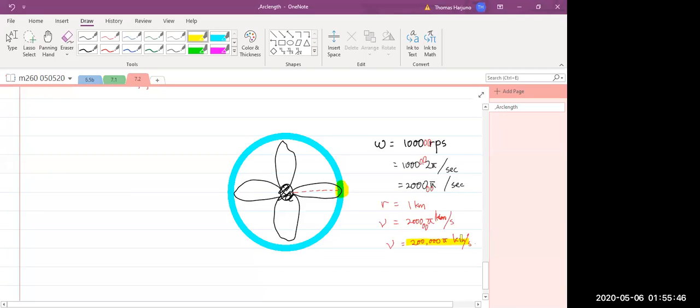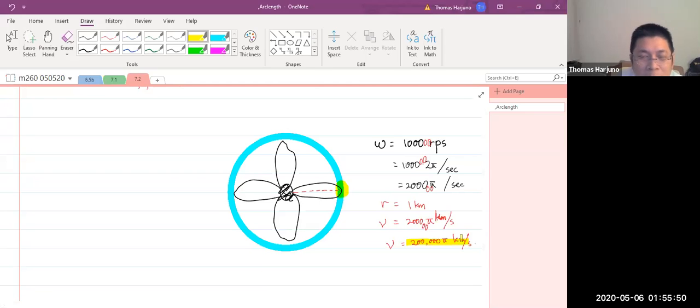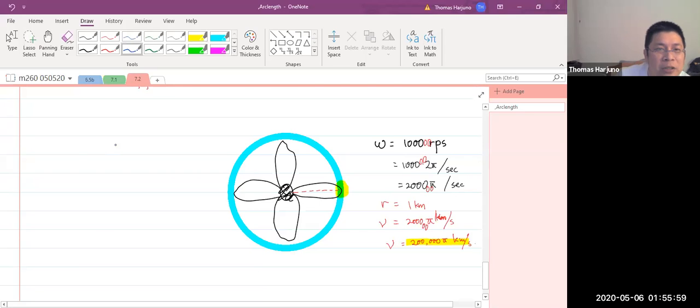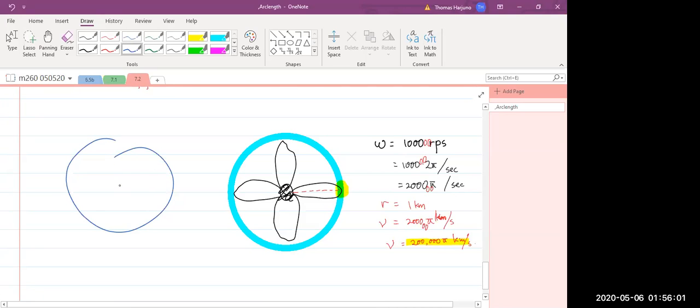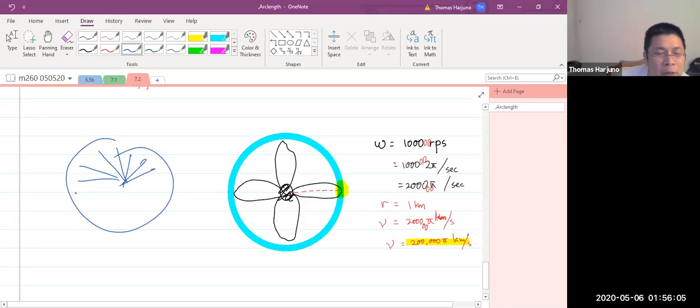That's faster than the speed of light? Yeah, the speed of light is only 180,000 kilometers per second. Okay, now, when people design the jet, not the propeller, when they design the jet for Boeing, for example, the fan here is actually moving very fast.